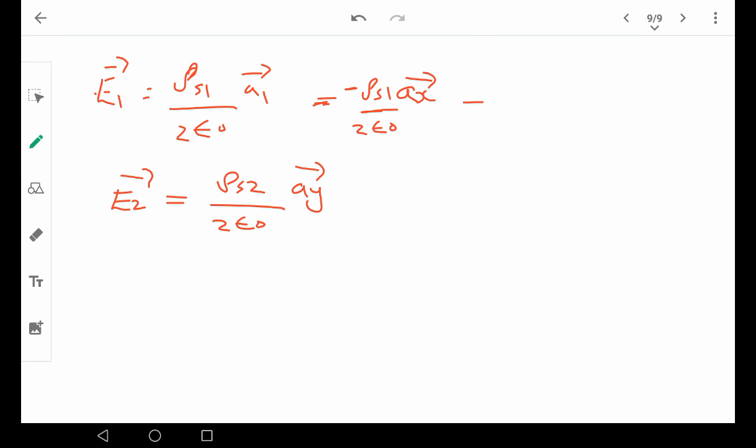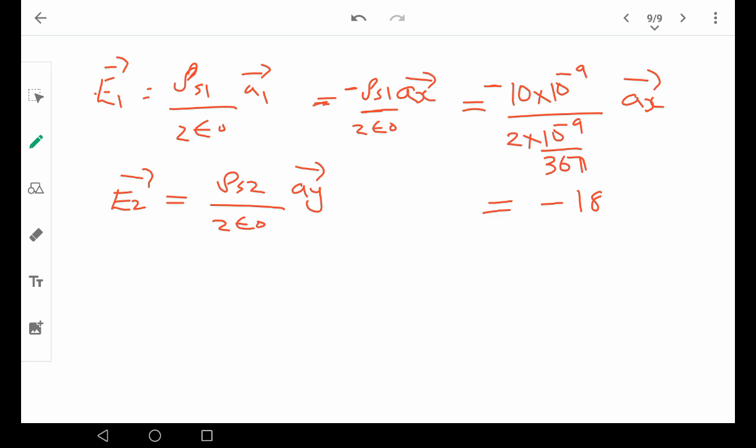Now what is rho S1? Rho S1, the value is minus 10 into 10 raised to minus 9, right? So it is minus 10 into 10 raised to minus 9 divided by 2 into 10 raised to minus 9 divided by 36 pi ax. You can write it as minus 180 pi ax.